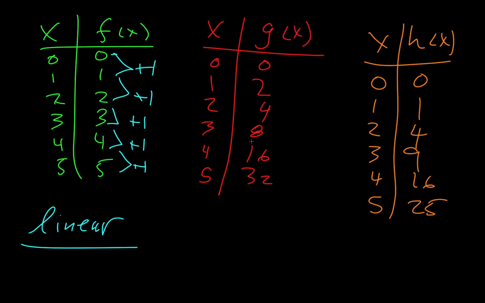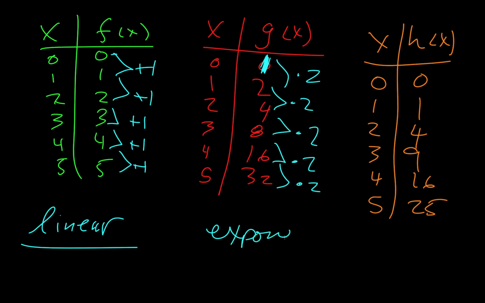Okay, right here, we go from here to here, it's multiplied by 2, multiplied by 2, multiplied by 2, multiplied by 2. Actually, this should be a 1. I messed up on the table, sorry. That should be a 1. And since we're multiplying by the same number over and over, that's going to be exponential.